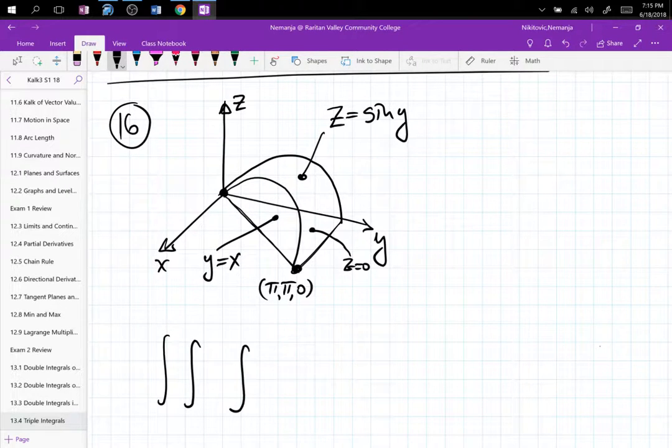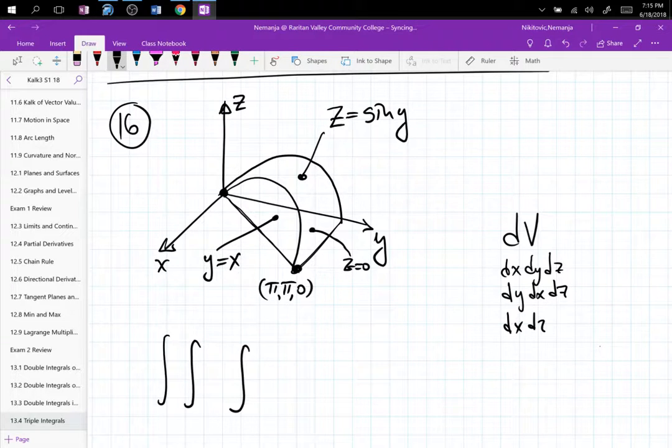First, we have a choice of dV. dV has a lot of possibilities. We have dx dy dz, we have dy dx dz, we have dx dz dy, and so on, right?